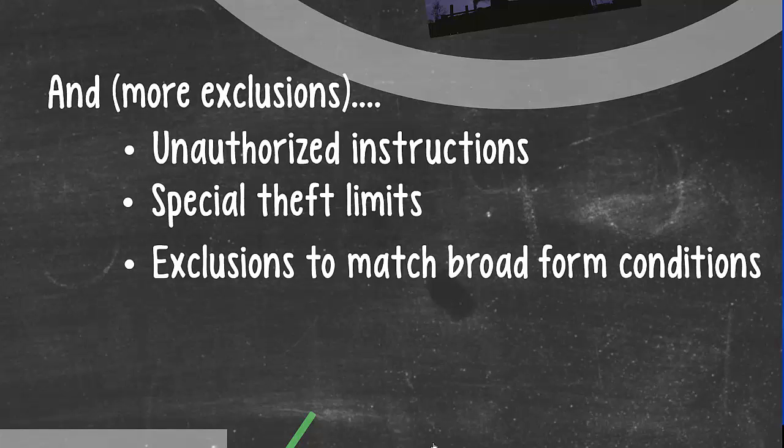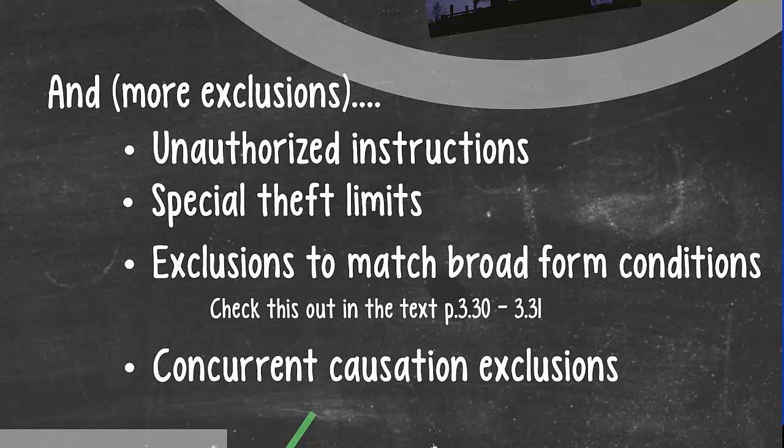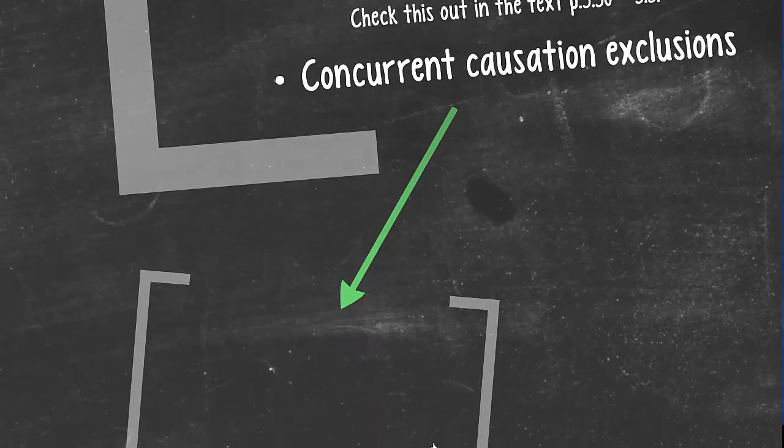And then you should take a look at, on pages 3.3 to 3.31, the exclusions that are there to match the broad form conditions, such as the windstorm or hail, smoke, rain, snow, and ice, and leakage exclusions. And then the concurrent causation exclusions, which again are similar to what we discussed about the basic and broad form exclusions.